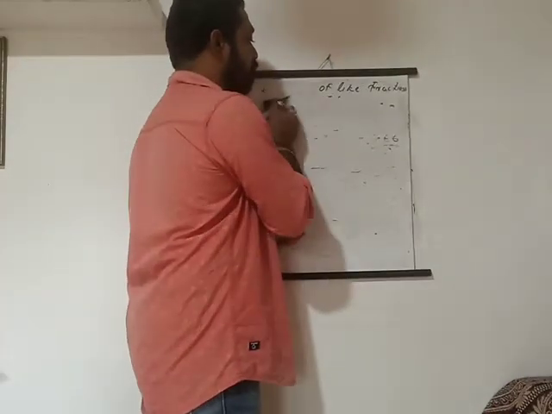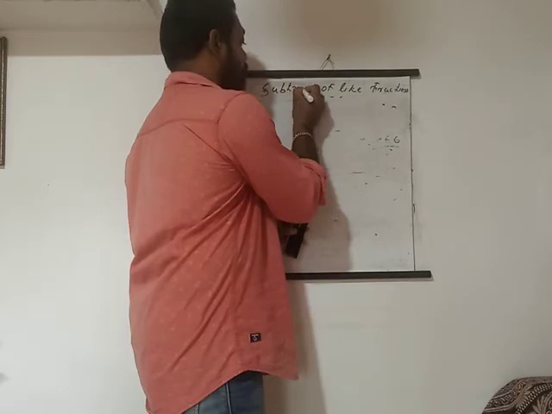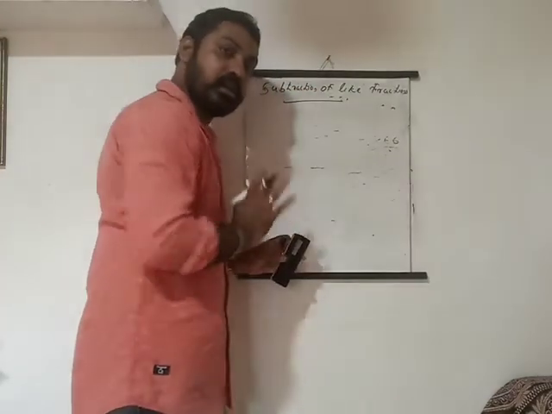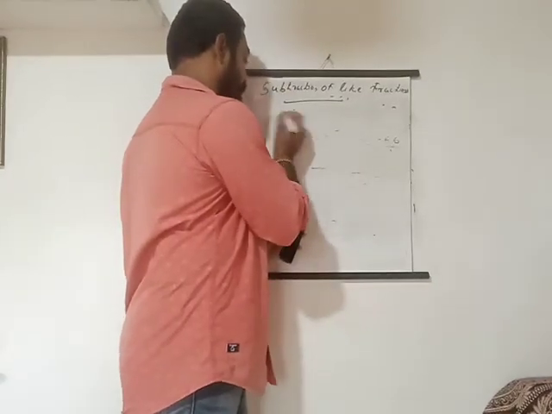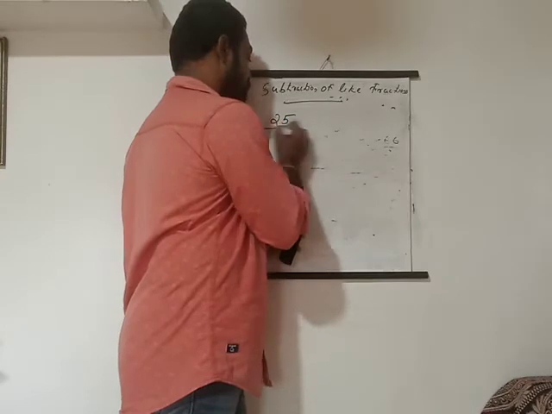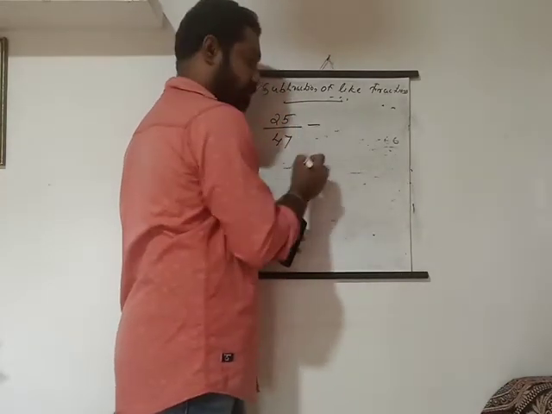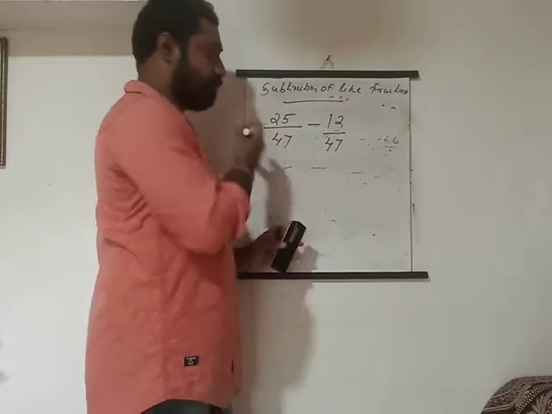Subtraction is also the same. Now it is subtraction. How can we do it? The same way. Just subtract the numerators and write the same denominator. Understand? For example, 25 by 47 minus 12 by 47. We need to subtract these numbers.